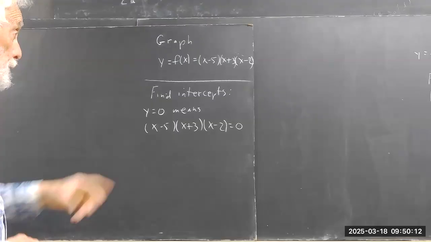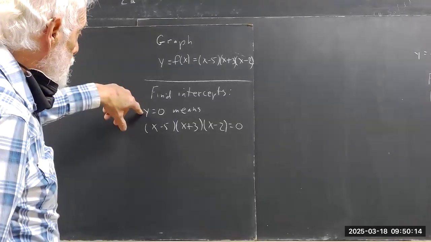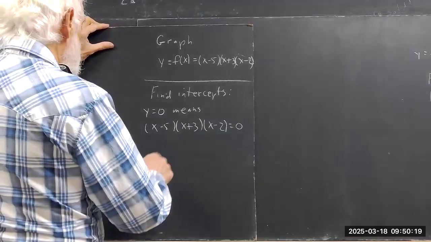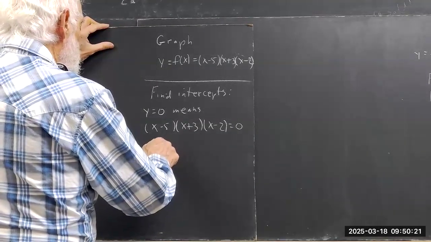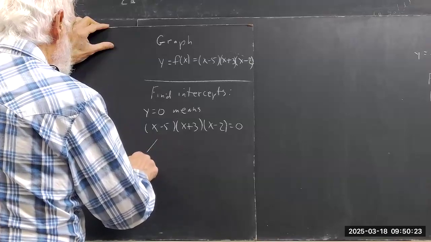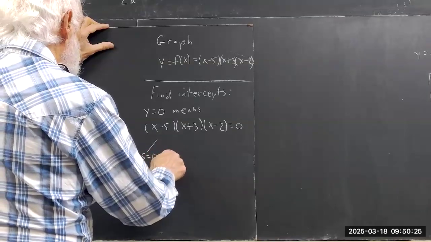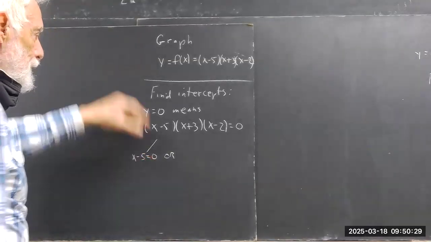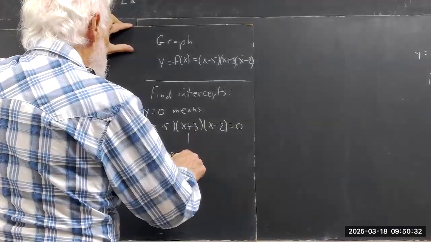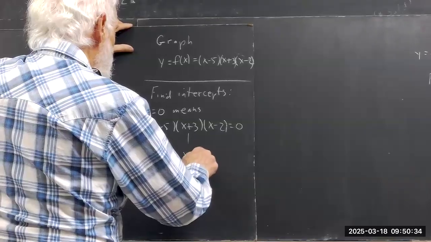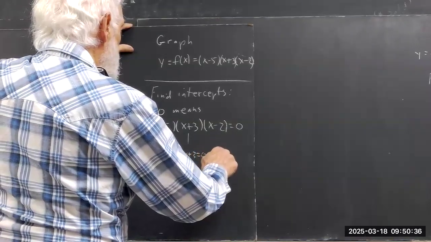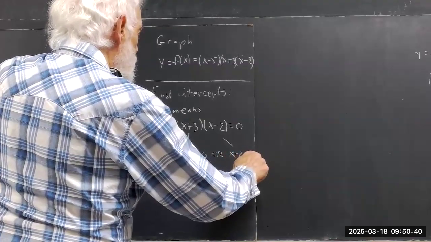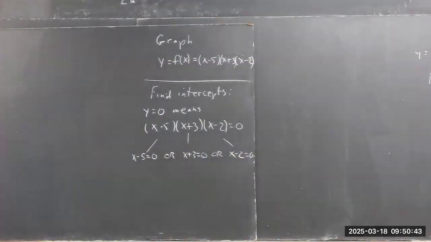The y-intercept is really easy, just plug in 0. But we'll do that. Okay, so y equals 0 means this equals 0. And for this to equal 0, I really would like to see this written out like so: this, or this, or this.